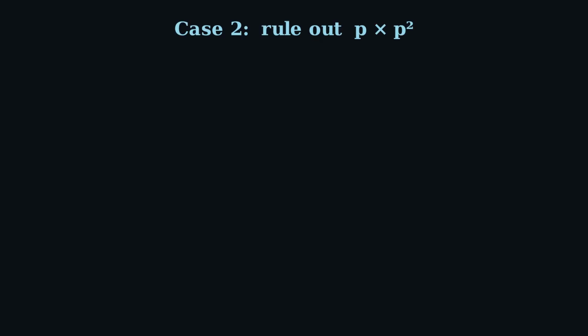Now, notice if we take the second factorization, then that means p divides both these terms. And if p divides both those terms, then it must also divide the difference of those 2 terms.